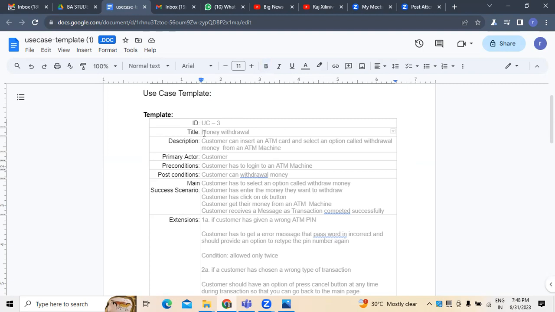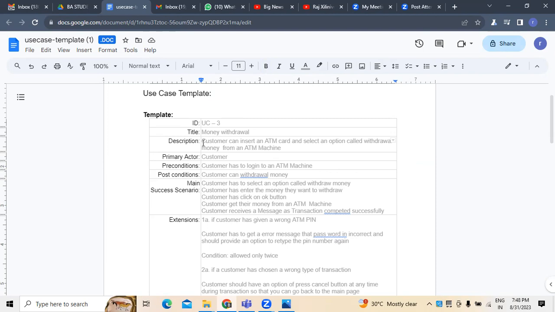This is what we generally call the title, or the major functionality. Now here we need to mention the description of that particular title, what exactly this title is: the customer can withdraw money from their ATM. First of all, we should understand who is going to use this functionality.